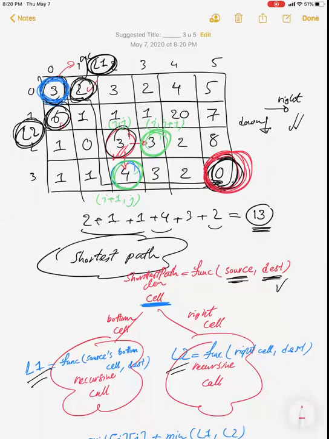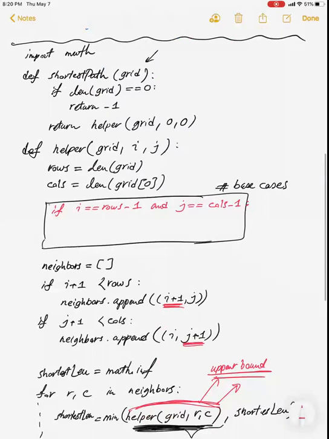The return value we have to return is the value of this cell, which is 0 here, right? So that's why we will write here return grid i and j. And that's it, it's done.